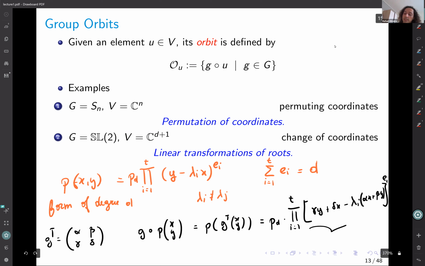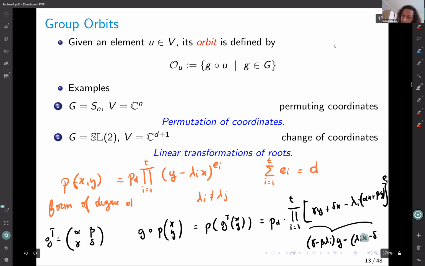So in particular, this gives us a linear transformation of the roots, because each root now will become gamma minus beta lambda_i times y, minus lambda_i alpha minus delta times x.